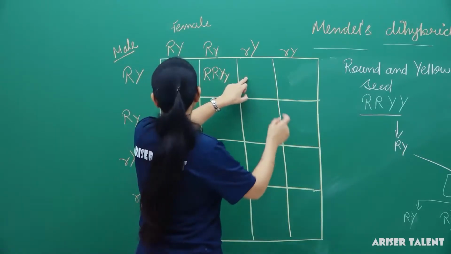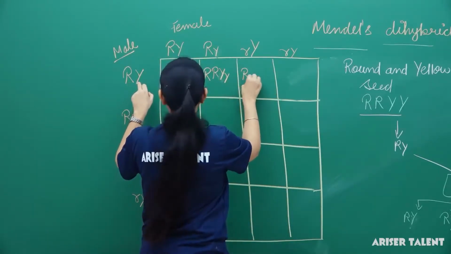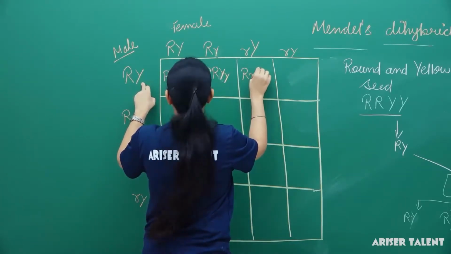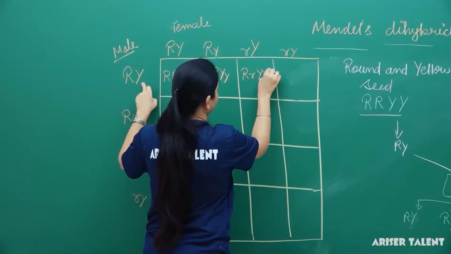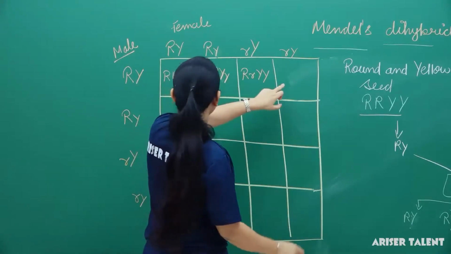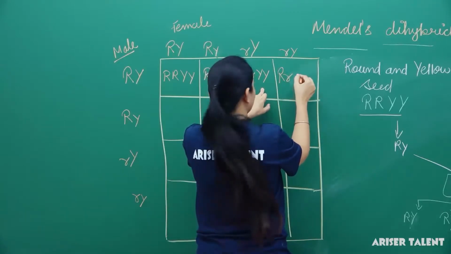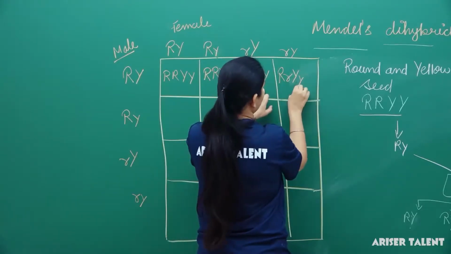Then here we can see capital R, small r, then capital Y and capital Y. Next is capital R, small r, capital Y and small y.